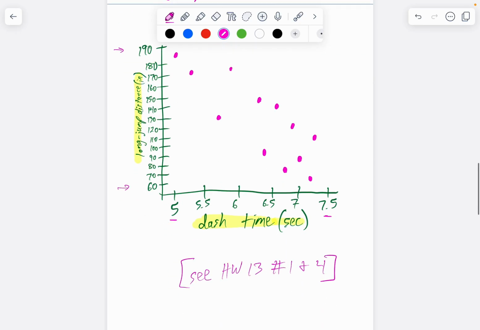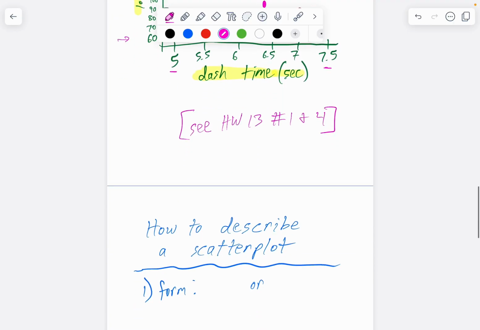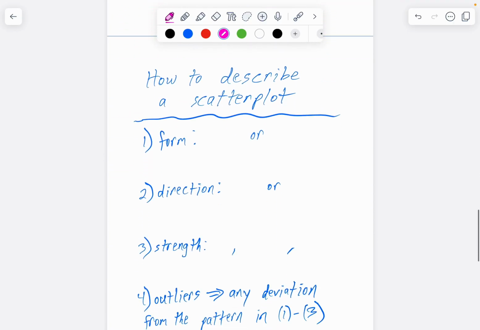Once we're done plotting the points, now our job is to take a step back and basically describe any sort of relationship that we might see in the particular data set here. So we're going to basically have a few things to address. We're going to want to address the form of the association, the direction of the association, the strength, and are there any outliers or unusual points.